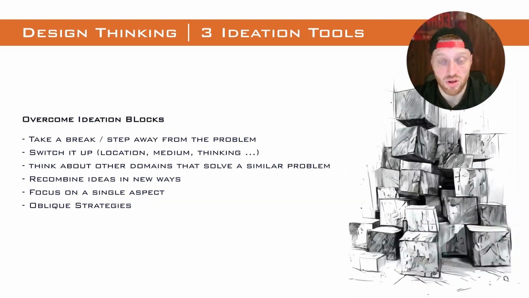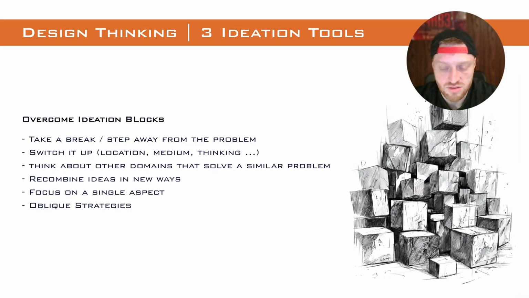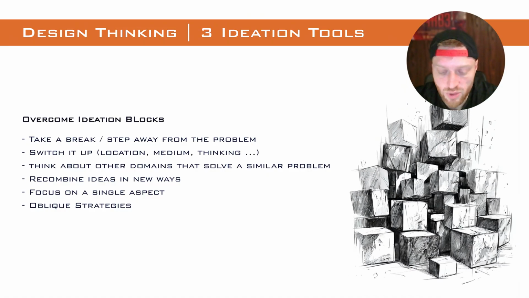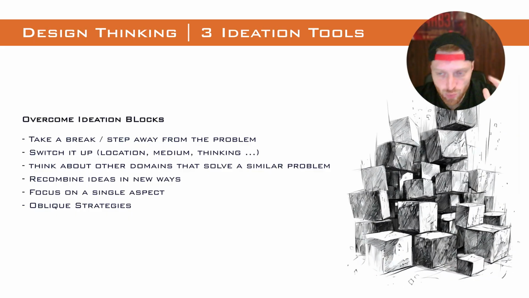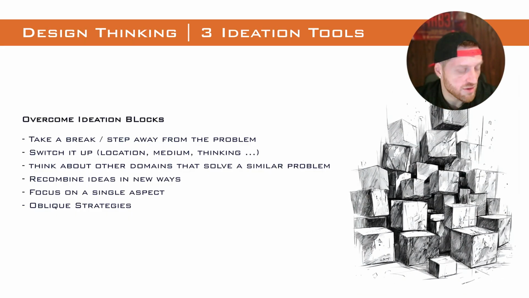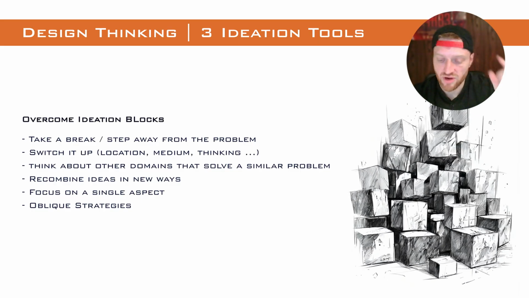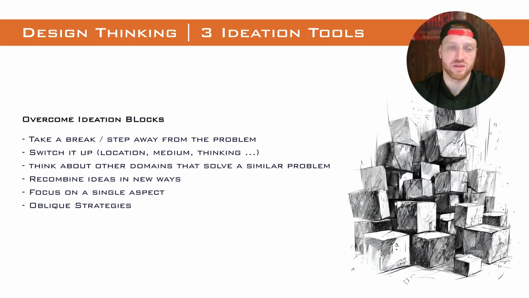Now we'll be talking about how to overcome ideation blocks and creative thinking blocks. So the first and most important advice I can give is to take a break and step away from the problem. Because what usually happens is that you get stuck, your brain is so occupied with the problem that you get fixated and you cannot move on any further. So if you take a break, try to distract yourself with other things, maybe play a game, talk to somebody about something completely unrelated.